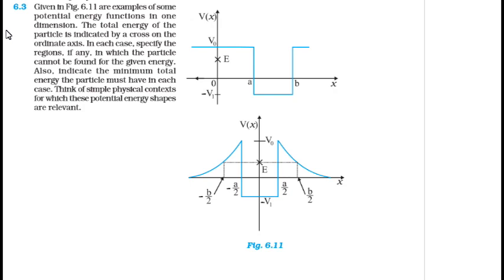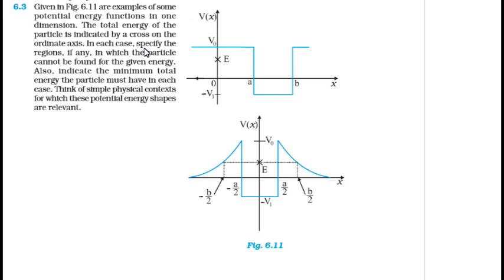Let us move to the next question, 6.3. Given in figure 6.11 are examples of some potential energy functions in one dimension. The total energy of the particle is indicated by a cross on the coordinate axis.